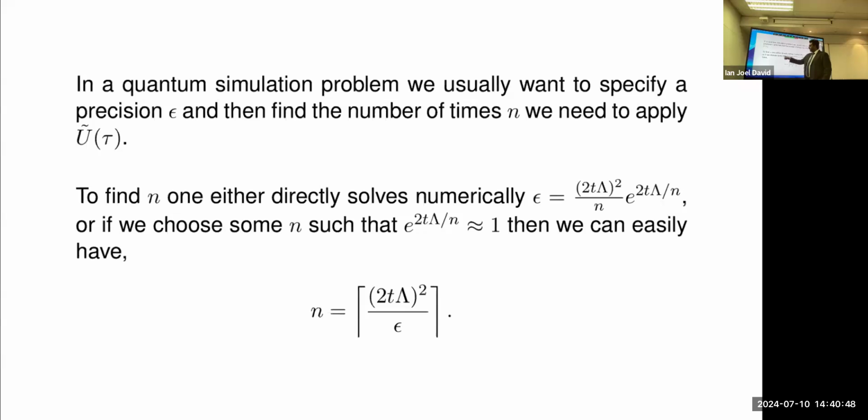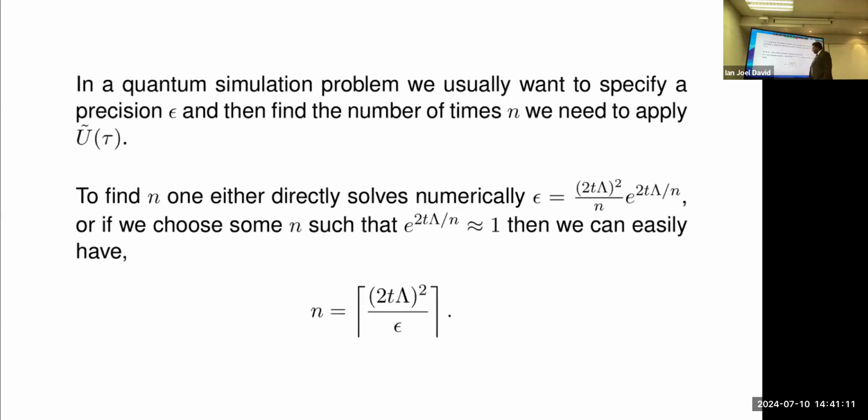Well, if we choose an n large enough that this exponential is approximately 1, then we can easily choose n as the ceiling function, which is the smallest integer that is greater than the number inside here.